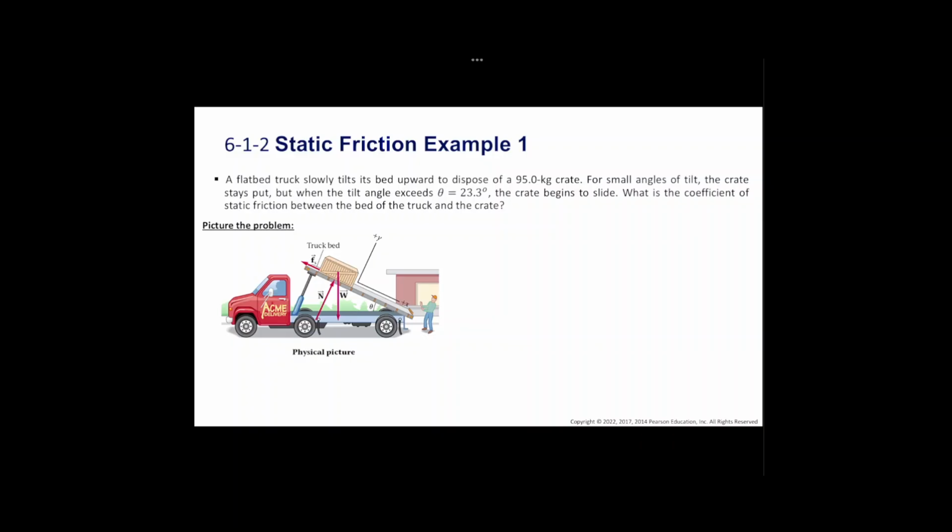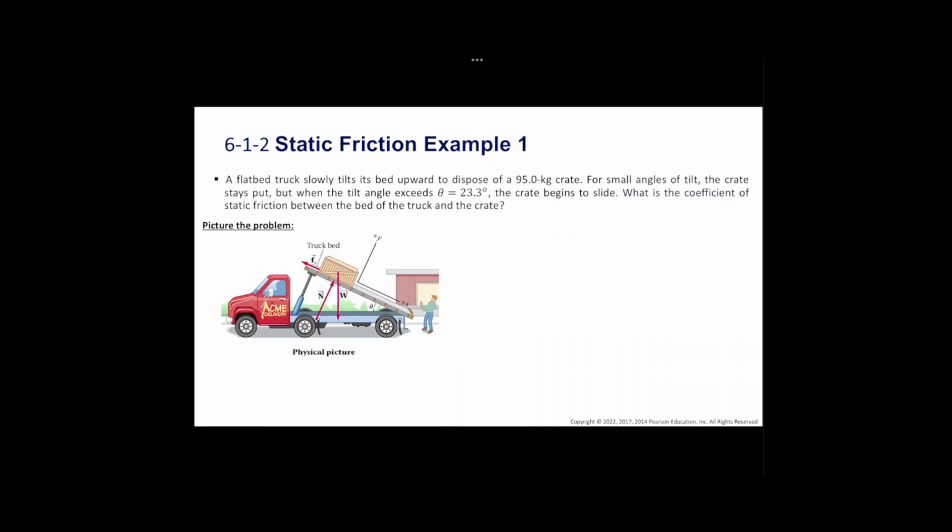A flatbed truck slowly tilts its bed upward to dispose of a 95 kilogram crate. For small angles of tilt, the crate stays put, but when the tilt angle exceeds theta equals 23.3 degrees, the crate begins to slide. We are asked to find the coefficient of static friction between the bed of the truck and the crate.